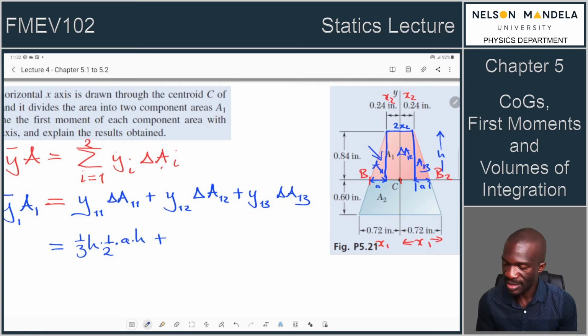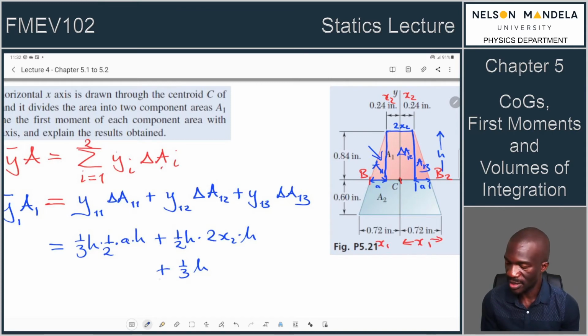Y12 is the y position for the rectangle, so it's obviously half of h. The area of the rectangle is our 2x2 multiplied by the height h. Then what about the last one? The last one is obviously another 1/3 of h for this triangle 1, 3. 1/3 of h is the centroidal position in the y direction, multiplied by the area.